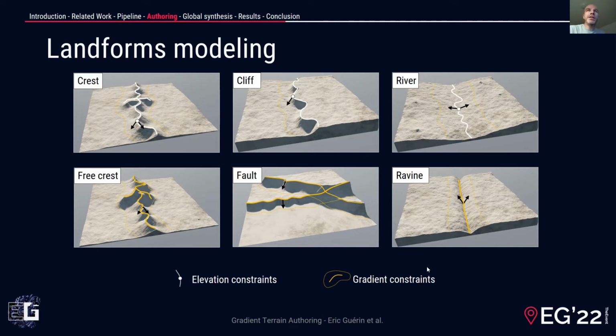In other contexts, it is convenient to set soft constraints exclusively and perform an additive effect. In the fault effect that you can see here, two faults were superimposed to obtain a complex cliff. Copy and paste operations are usually performed in the gradient domain to obtain a seamless blending.